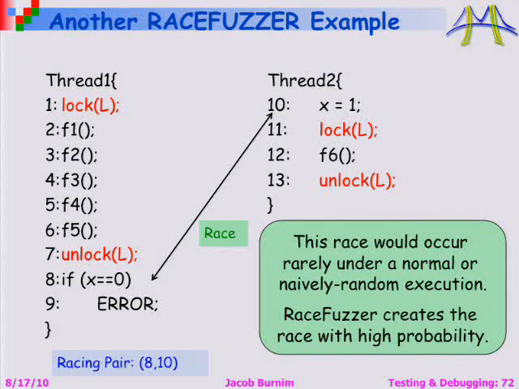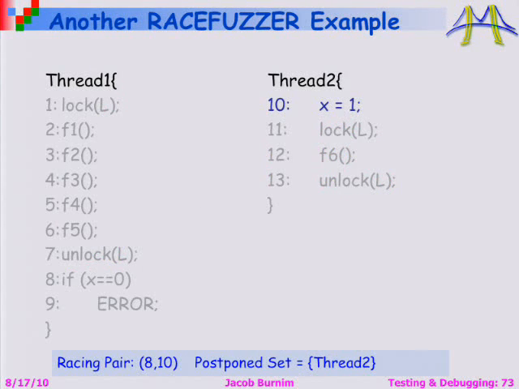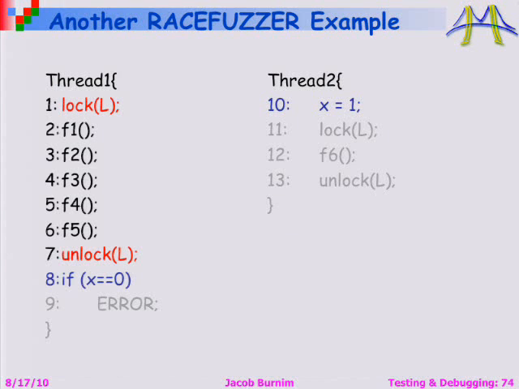And the one thing I want to show is that although this would be very hard to create with naive random scheduling, in fact, RaceFuzzer will create this race with a very high probability. So we'll very quickly find it and report it to the user. The reason is that right at the beginning, as soon as we encounter this x equals 1, with a pretty high probability we'll put it in the postpone set, and then we'll just run all of thread 1 until we get to the end.